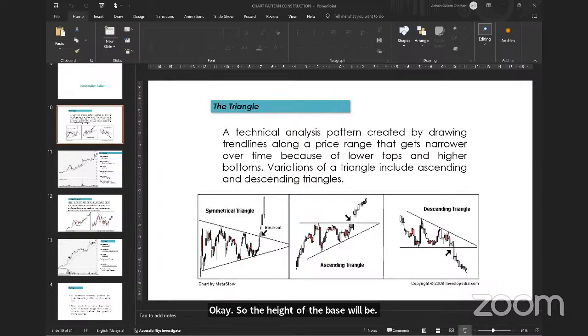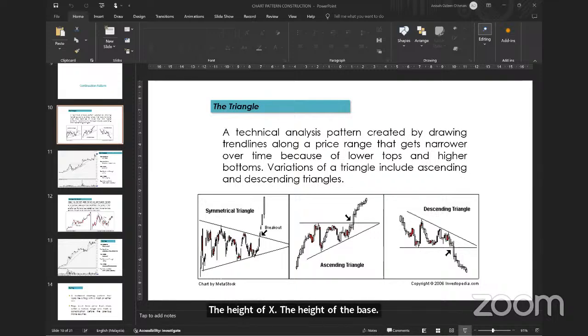If this is x, this is x as well. Since a triangle is a continuation, it will go up as much as the height of x, the height of the base.